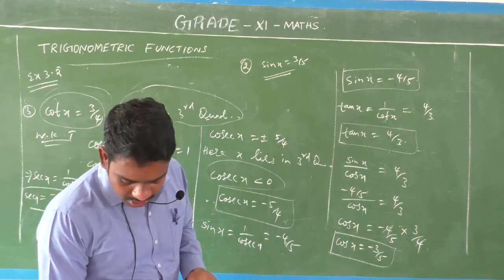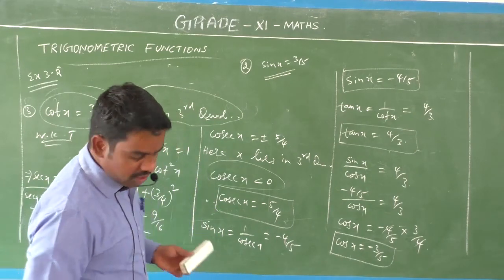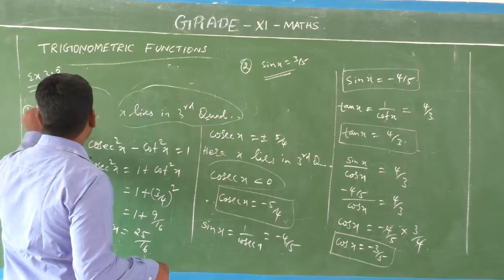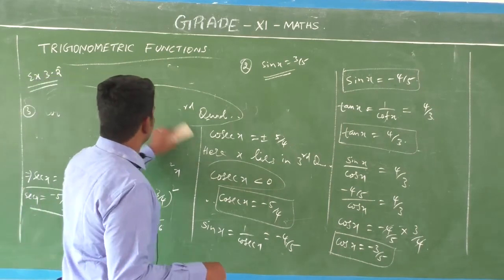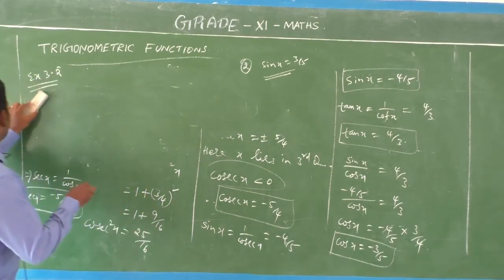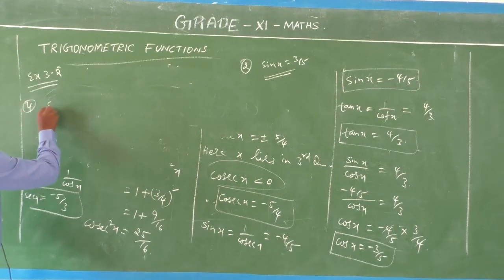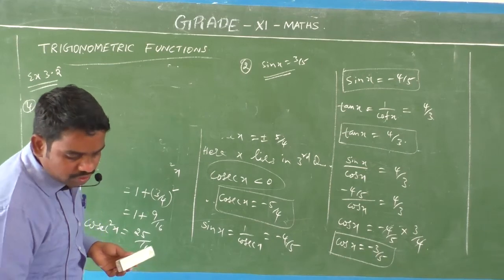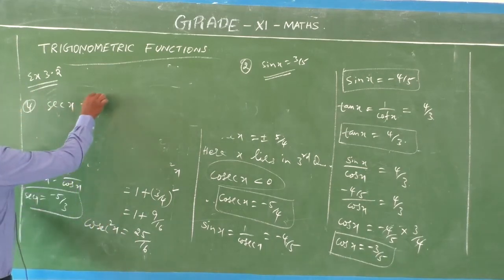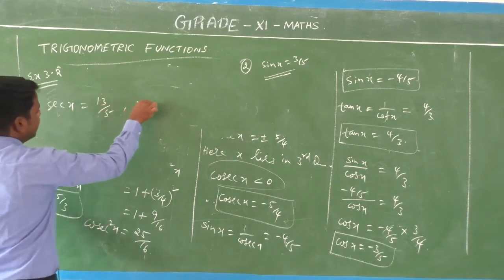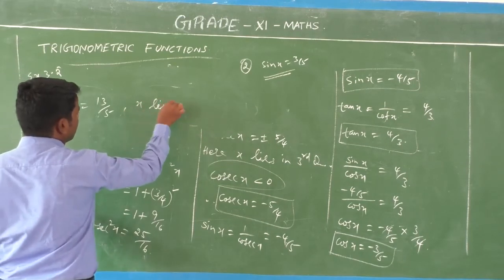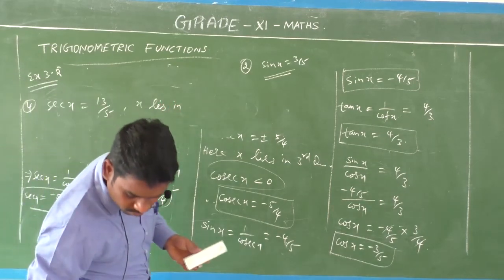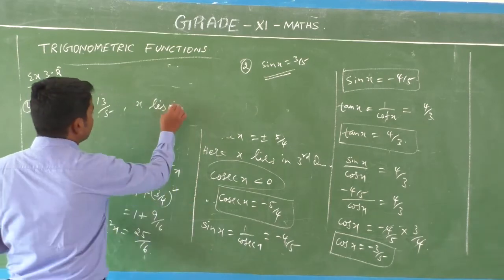Okay, very simple. Next question, the fourth question. Secant x is equal to 13 divided by 5, and x lies in the fourth quadrant.